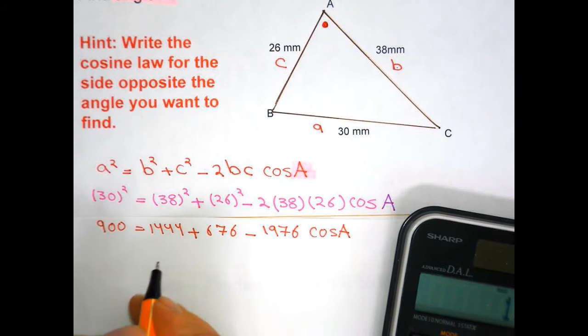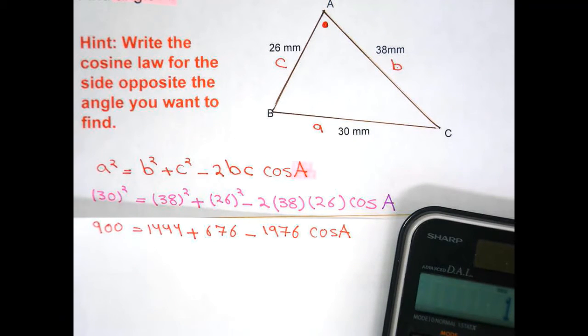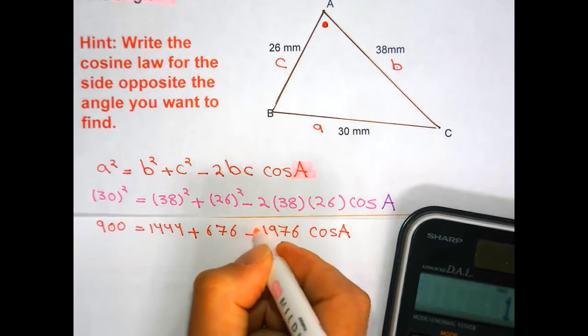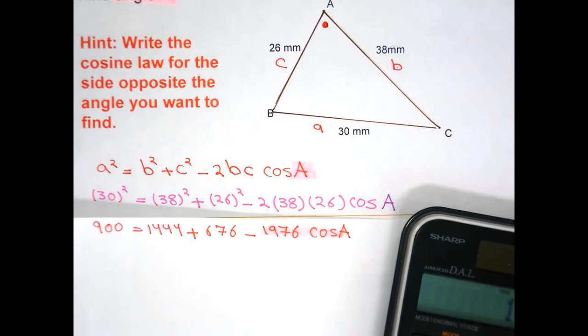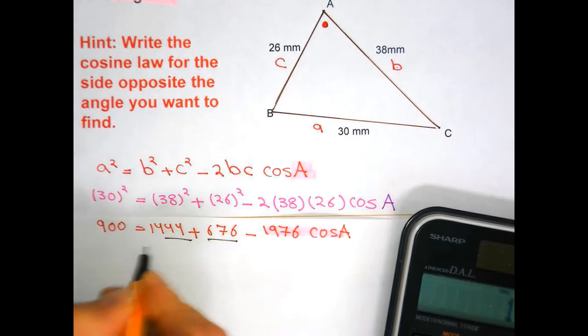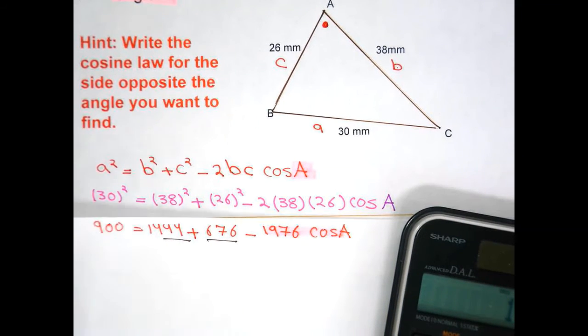Now because you want to isolate cosine A, these other two have to move to the other side, and please remember that when you move them to the other side you have to subtract them.